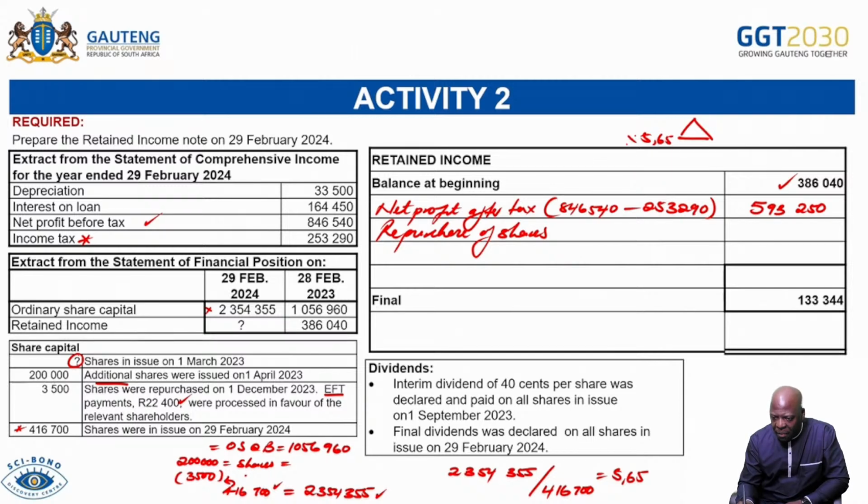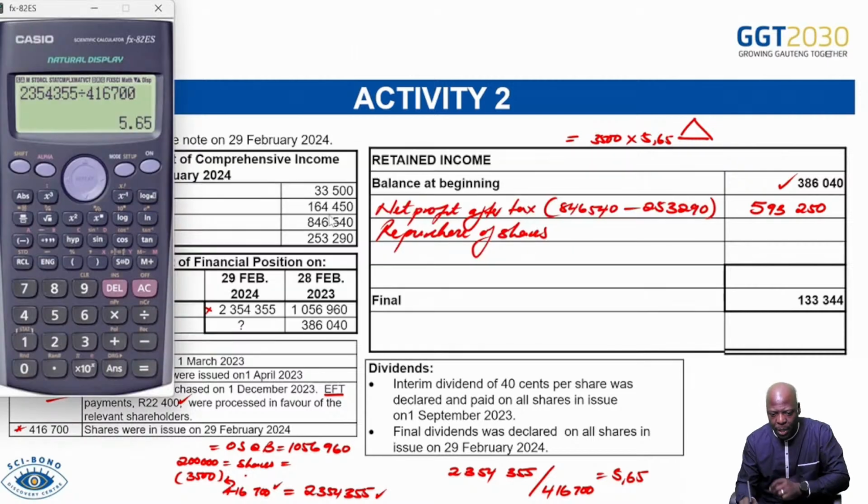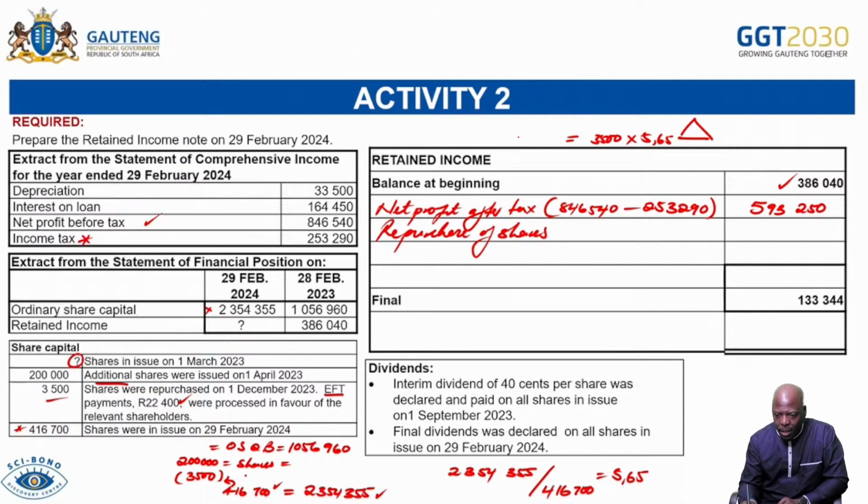And if I paid 5 rand 65 for the 3,500 shares, how much was the amount that we were going to subtract from the ordinary share capital? I'll say 565 multiplied by 3,500. That will give me 19,775.